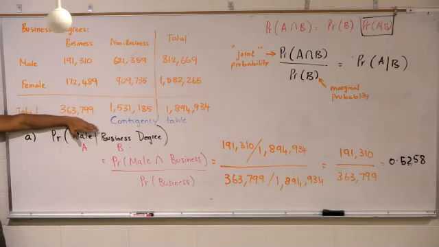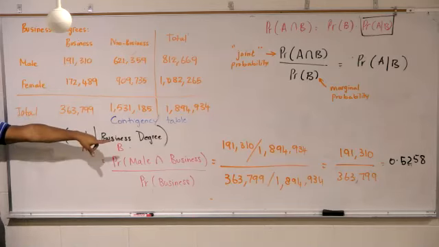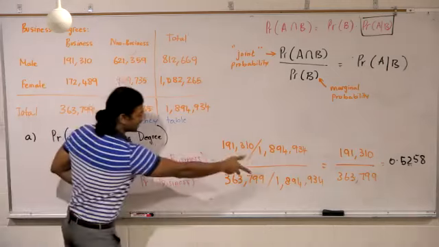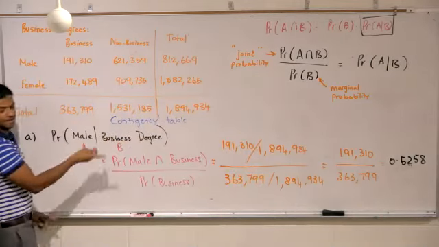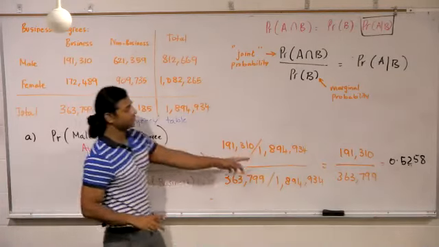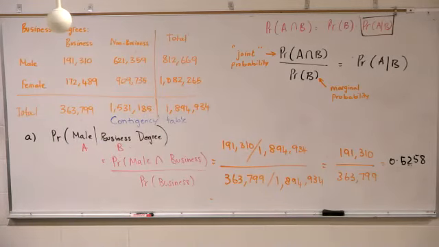Out of that amount, how many of them are male? That's the answer. Does that make sense? So once again, I did it this way because the table makes it easier for you to recognize the answer. But there are some problems where you have to go through this process to get to the final answer. Does that make sense?